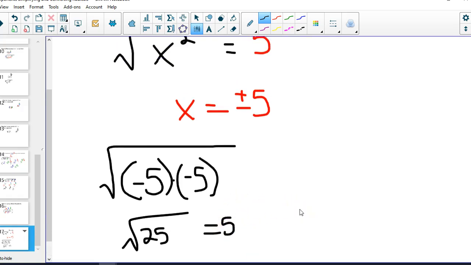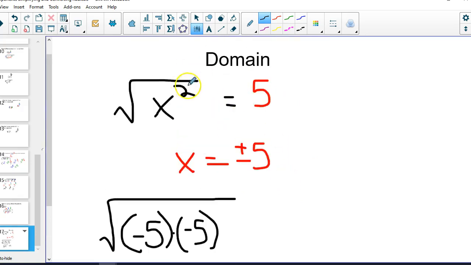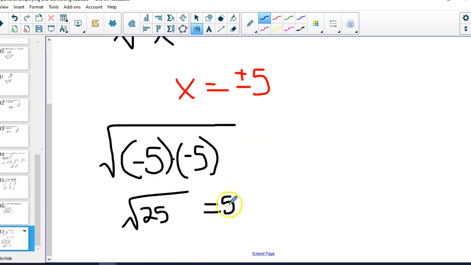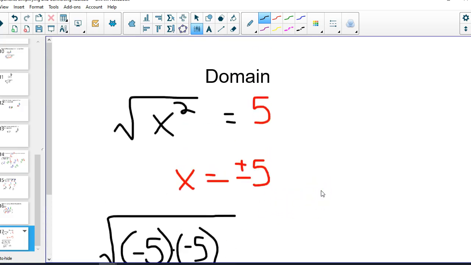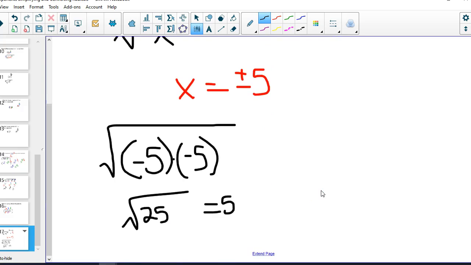Should be a little bit of a review, but if I plug in a negative number, if I square it then take the square root, it's going to come out as a positive. Similar idea is going to happen with roots of a higher power as well.